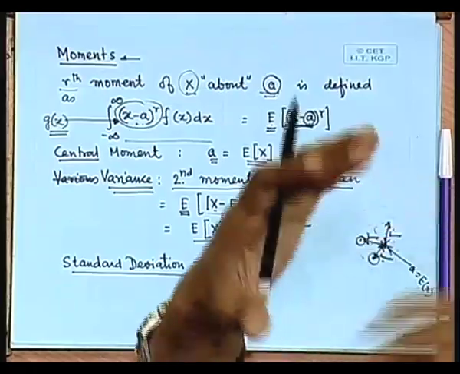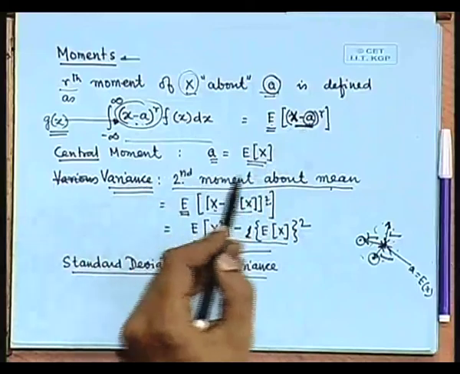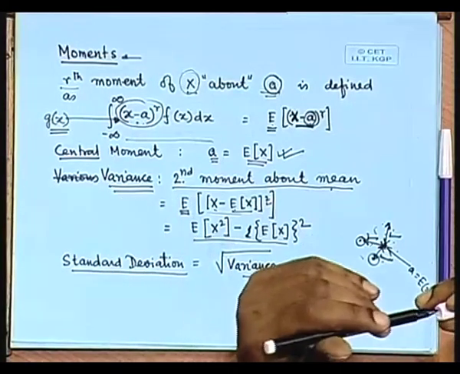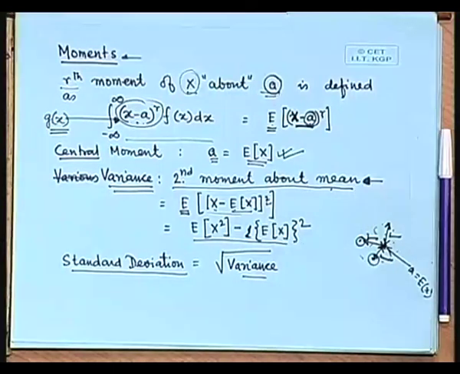So, that indicates on an average how far away the random variable is from the mean. If this expected value is large, it means that the ball is large around the mean. Very often, a very common choice is that we choose a equal to expectation of x, and since Euclidean and square norms make so much sense to us in the physical sense of the word, we often take the second moment about the mean.